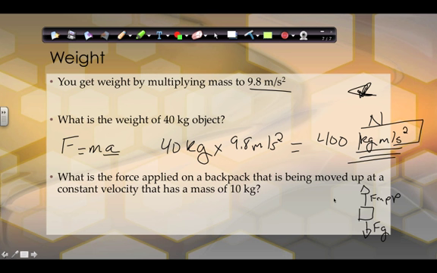So it also tells me that it is being moved at a constant velocity. So that means there is no acceleration, which means the net force is equal to 0, which means that the opposing forces are equal to each other.